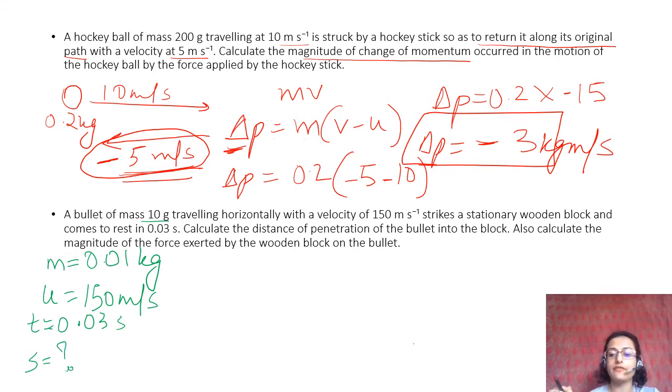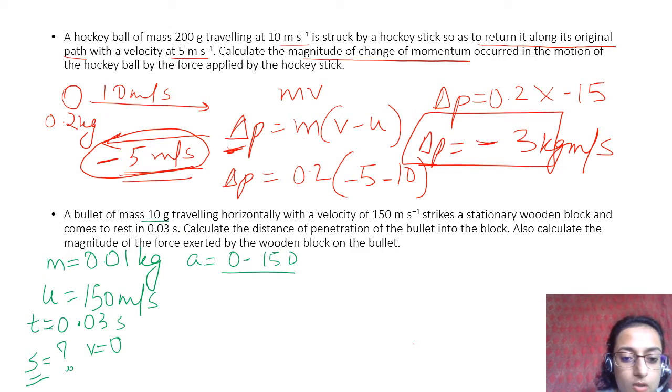Now what do you find first? We know that v is equal to 0, right? Because it comes to rest. So first we can find the acceleration, because for S, in both of those formulae, you need acceleration. So a is equal to (0 minus 150) upon time. Time is 0.03.